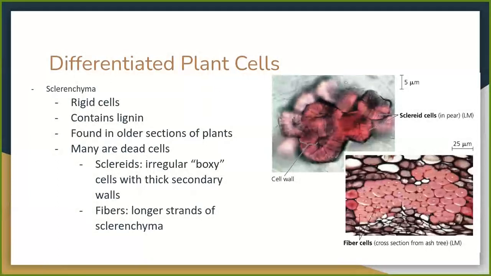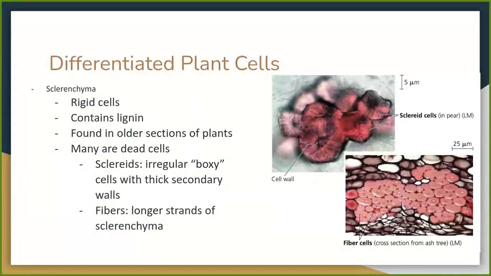Sclerenchyma, these are the main supporting elements in a plant, but they're very rigid, more rigid than the other two types. Sclerenchyma cells have secondary cell walls, and that's the thick part. It has a lot of lignin, which is just indigestible polymers that add on to its structural support.